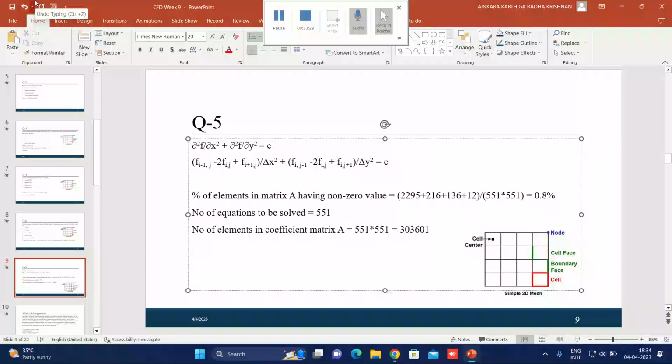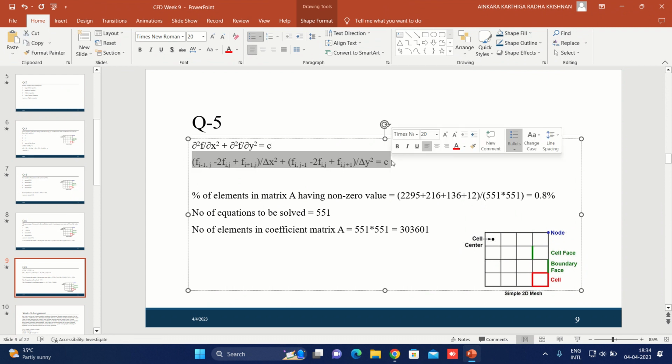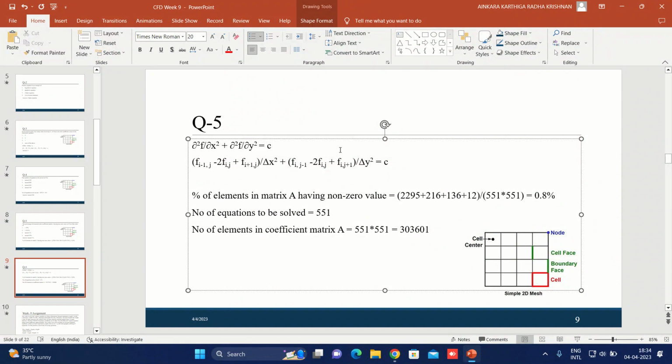Since this is a two-dimensional case, this is the discretized form of the equation, right? In some equations we would be having this coefficient put together, this is 5, but two are the same, so we would be having 5 factors in certain equations. So we need to find the number of those equations.